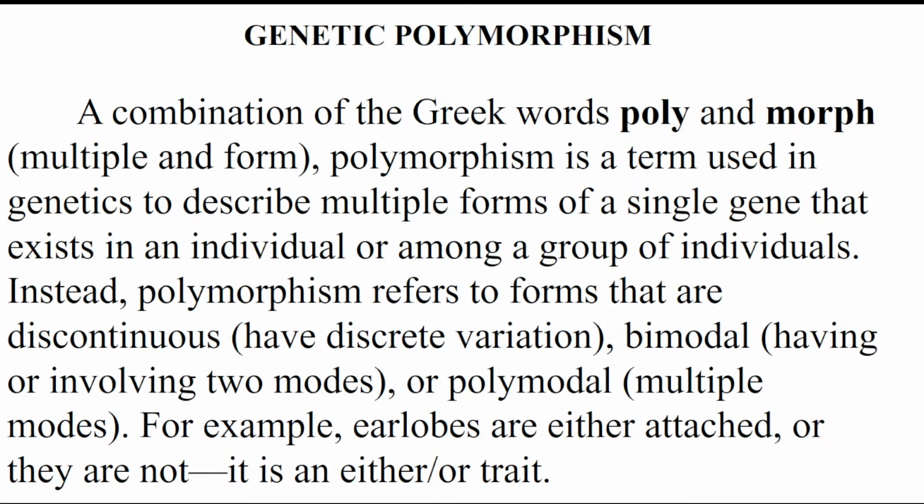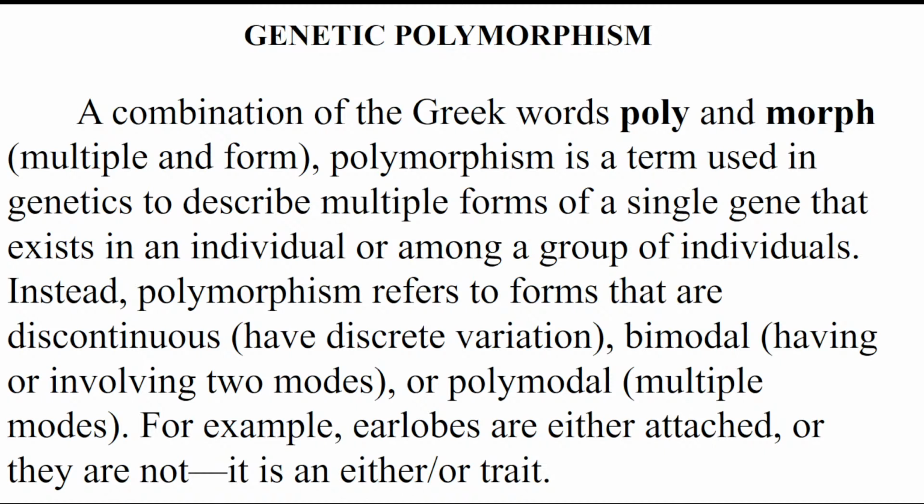The polymorphism is a term used in genetics to describe multiple forms of a single gene which are present in an individual or among a group of individuals.